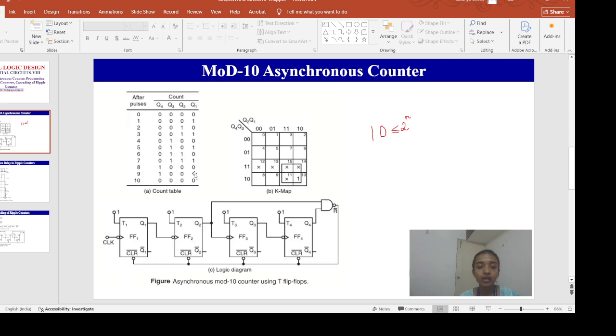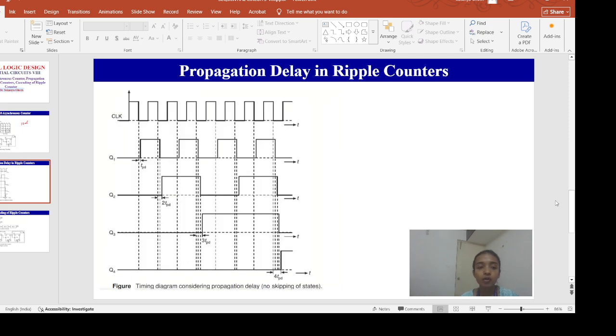When will it go from 1 to 0? After the propagation delay, in this picture, after the propagation delay of tPD. Q2 will change state after another propagation delay.